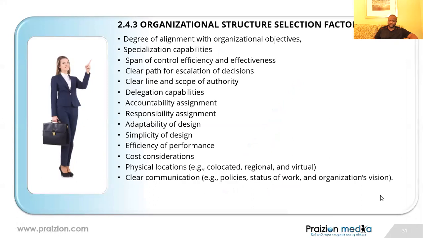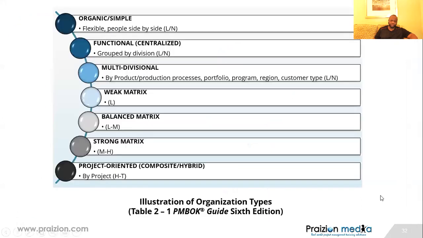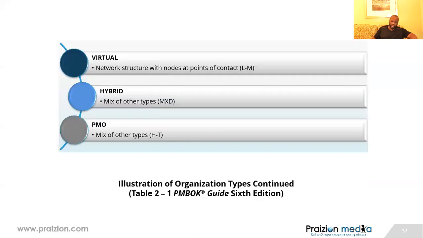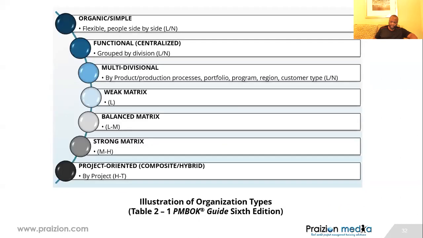And the organizational structure types given to us in the guide: organic, functional, multidivisional, weak, balanced, strong, project-oriented, virtual, hybrid, and PMO. And this is definitely not a time to go into these because this will take up a significant amount of time. But we do cover this in our PMP exam training course.